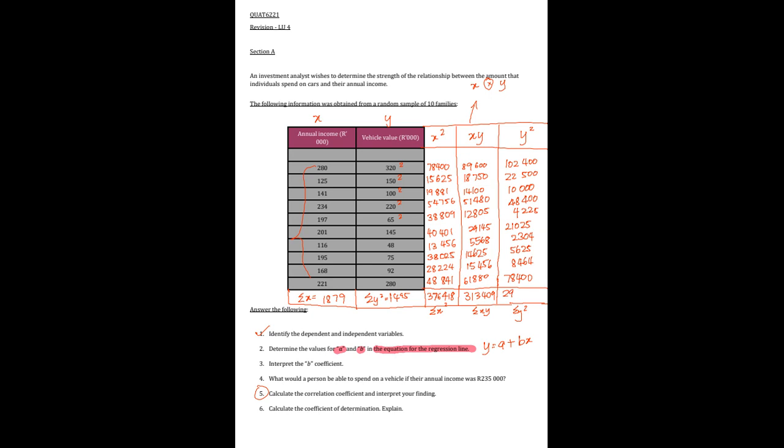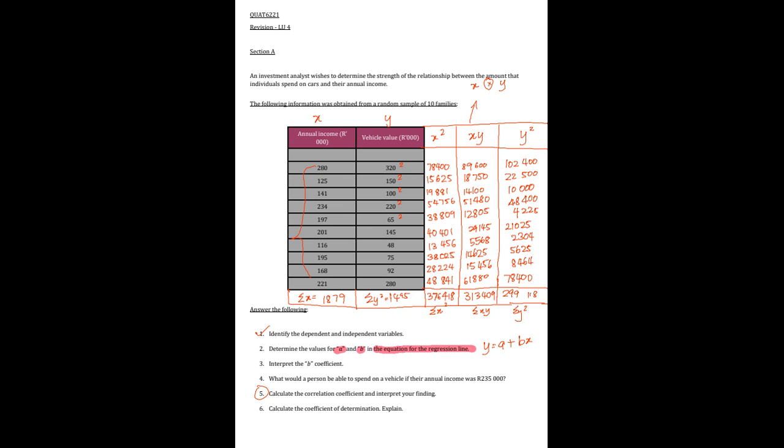Okay, so now you have everything necessary to calculate pretty much everything that you would require under your ungrouped data. So this question that we were actually looking at now had the values for A and B that needed to be calculated, and remember y is equal to A plus bx in terms of the formula.